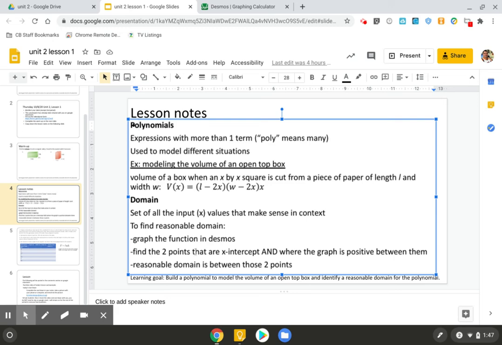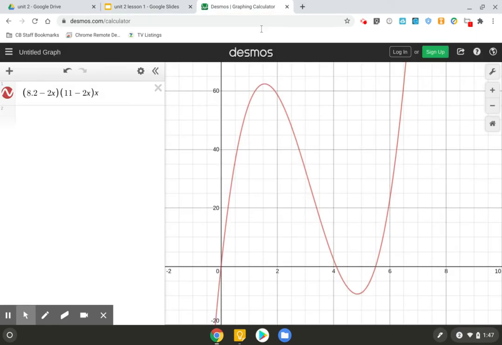Step 2, we're going to find the 2 points that are x-intercepts and where the graph is positive between them. So I'm looking for 2 x-intercepts, meaning 2 points where the graph crosses the x-axis, where the graph is completely positive between them. Notice in this graph here, there are 3 x-intercepts.